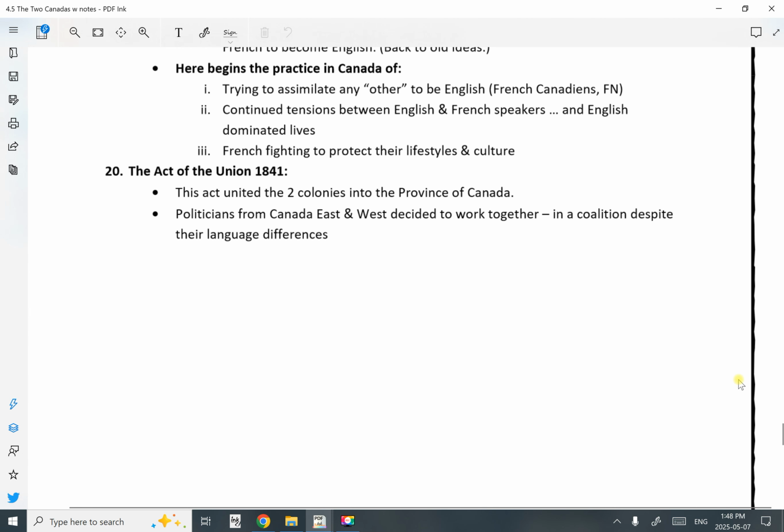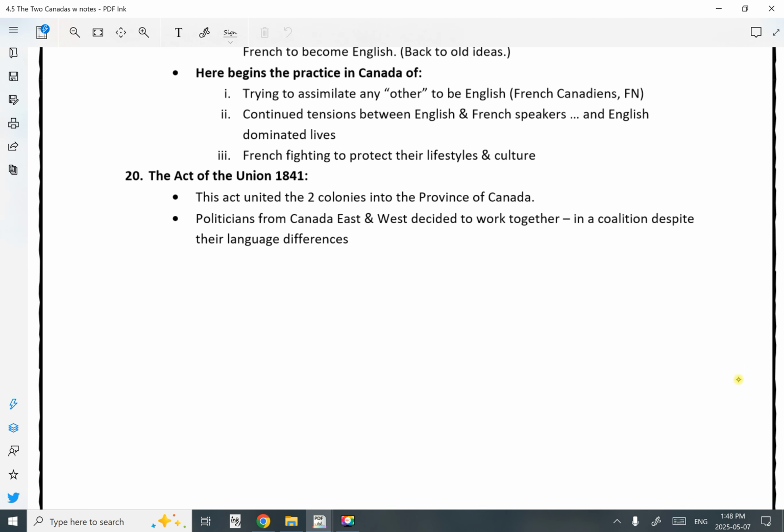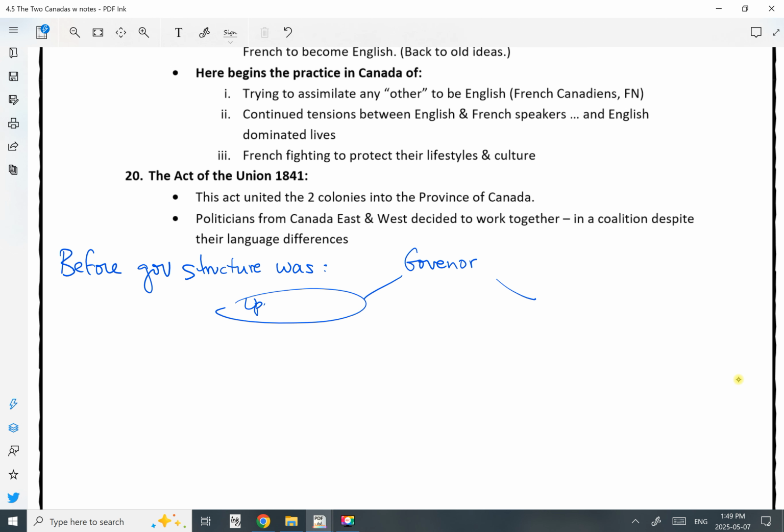Last, the Act of the Union. So just so we're clear, before this, government structure was, just so you're clear how it changed, that there was a governor in Canada and you had Upper Canada and Lower Canada. Each of them had a lieutenant governor.